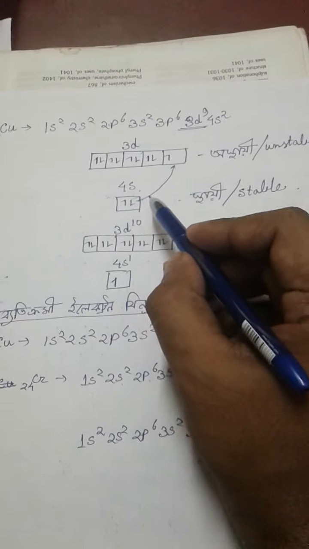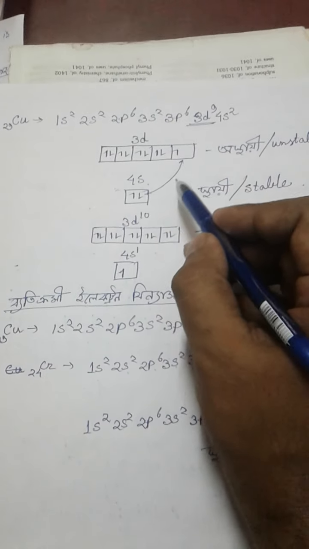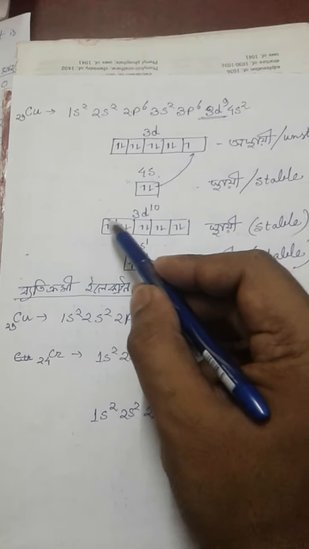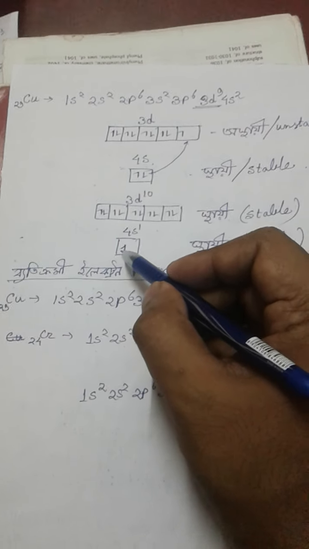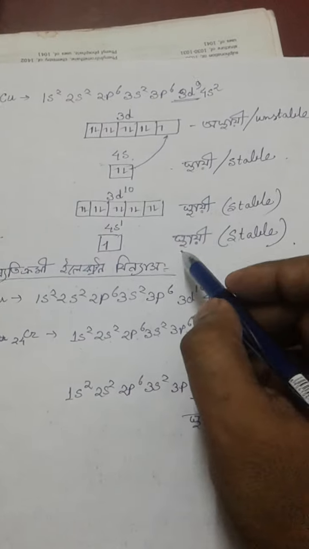But if I transfer one electron from 4s to 3d, the 3d gets 10 electrons, so it is fully filled, so it gets stability. And 4s has 1 electron, so 4s is half filled, so it is also stable.